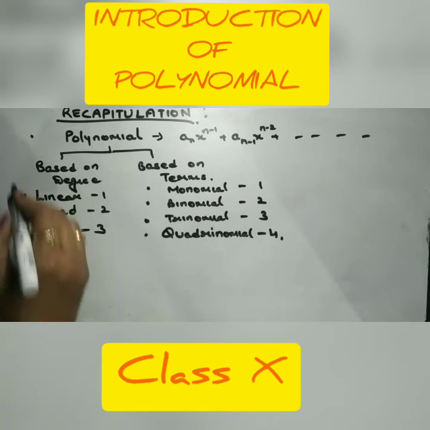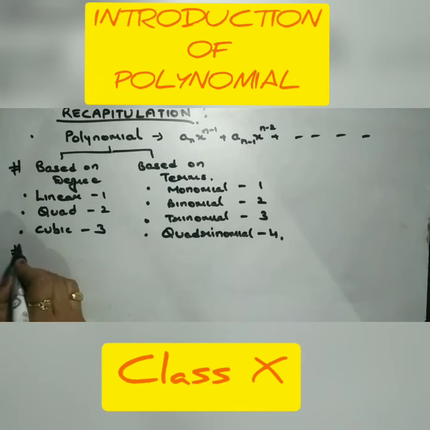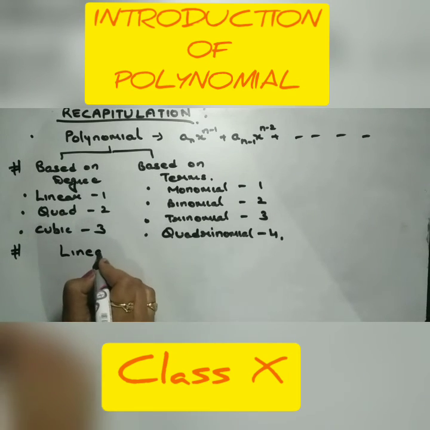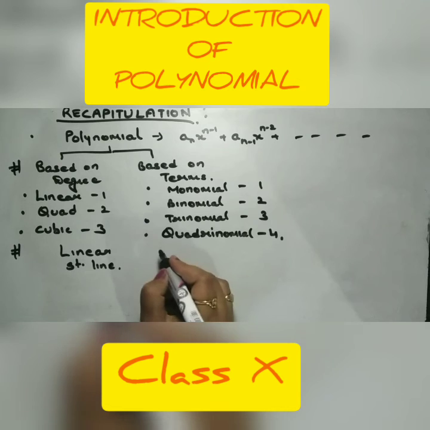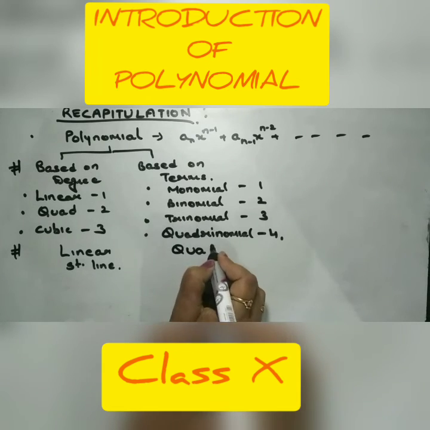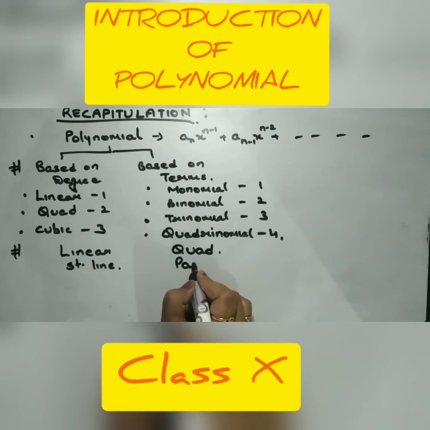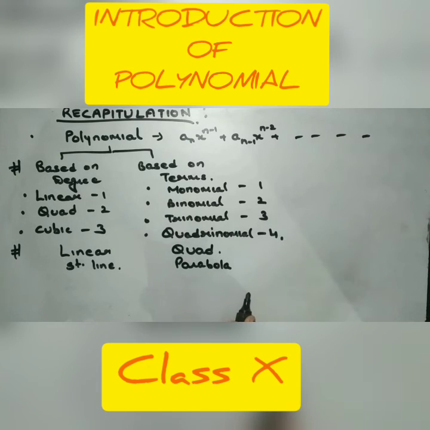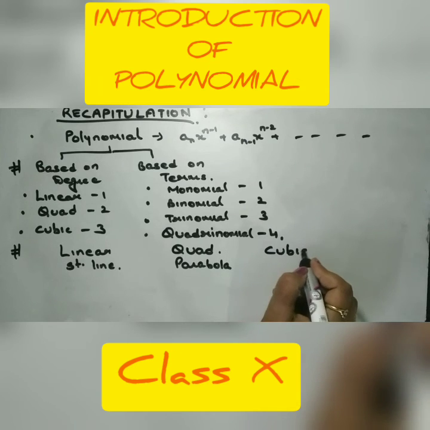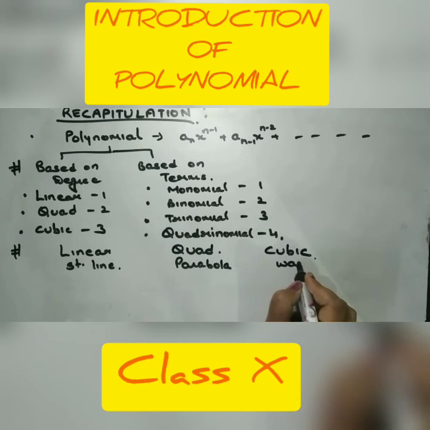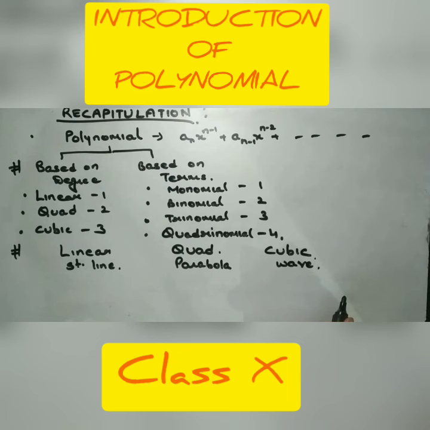Next, I told you about the graphs of the different types of polynomials based on degree. For a linear polynomial, there is a straight line cutting the x-axis at one point. Next is quadratic, a parabola, cutting the x-axis at a maximum of 2 points. Next is cubic, a wave, cutting the x-axis at a maximum of 3 points.